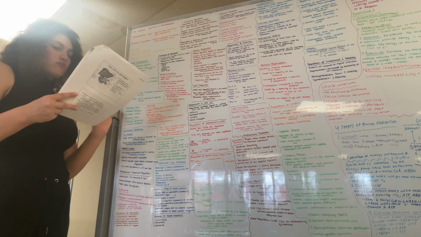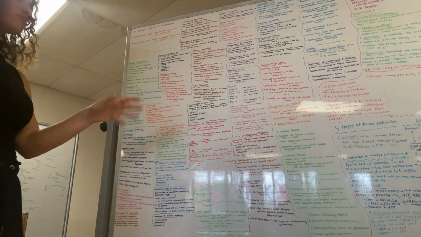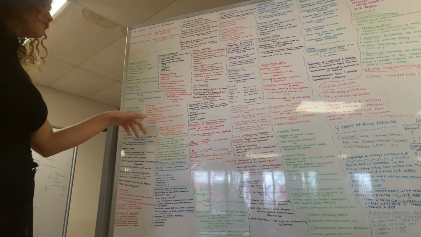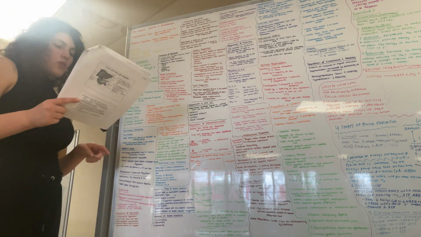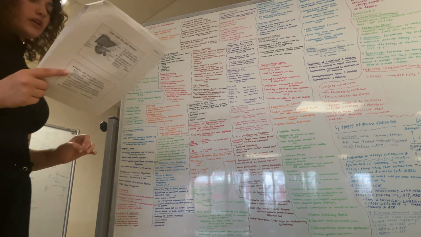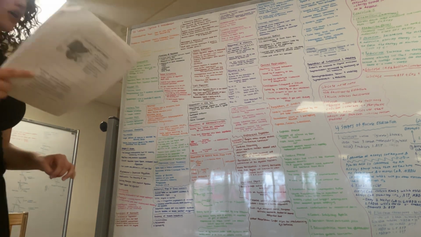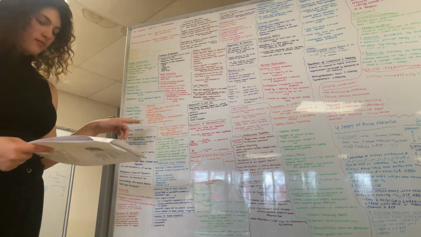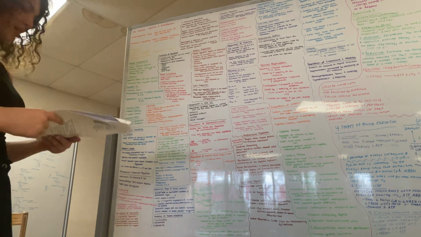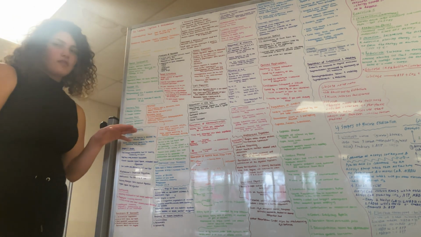Fats are going to be catabolized by pancreatic lipase. And then we have another one, ribonuclease and deoxyribonuclease, which are going to break down nucleic acids. So those are just the digestive juices, right?